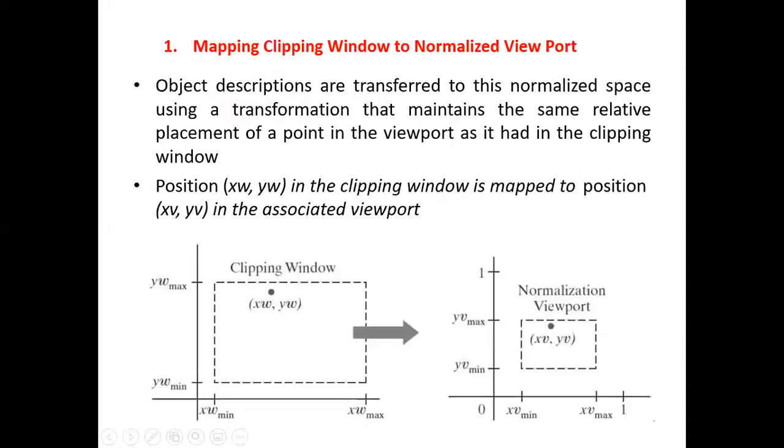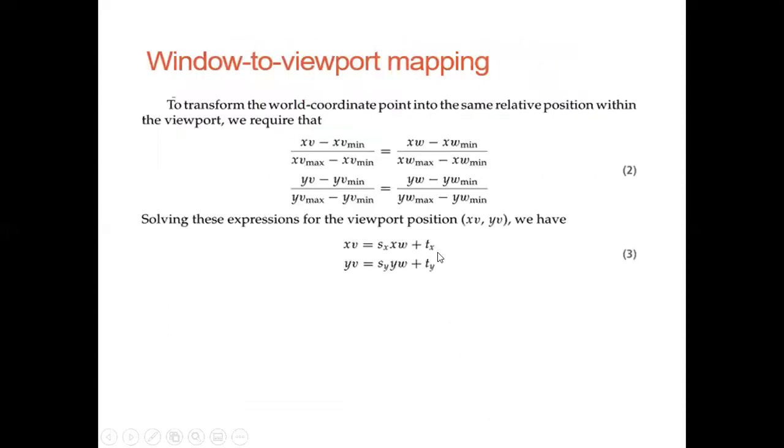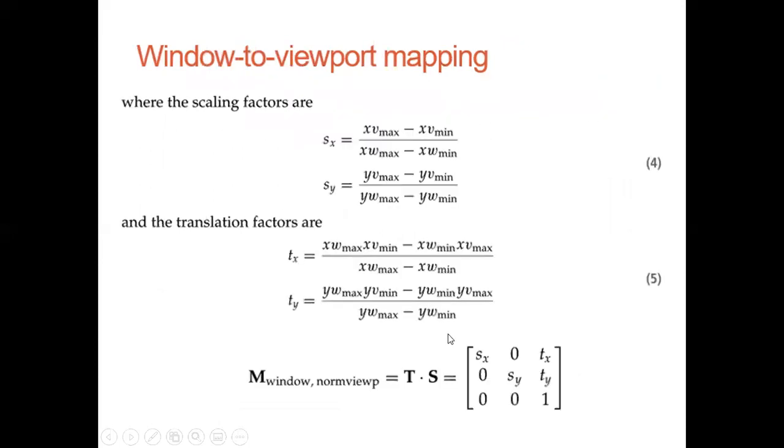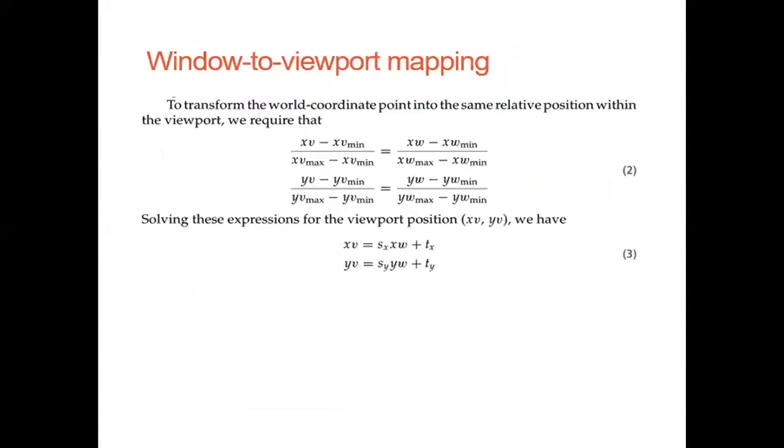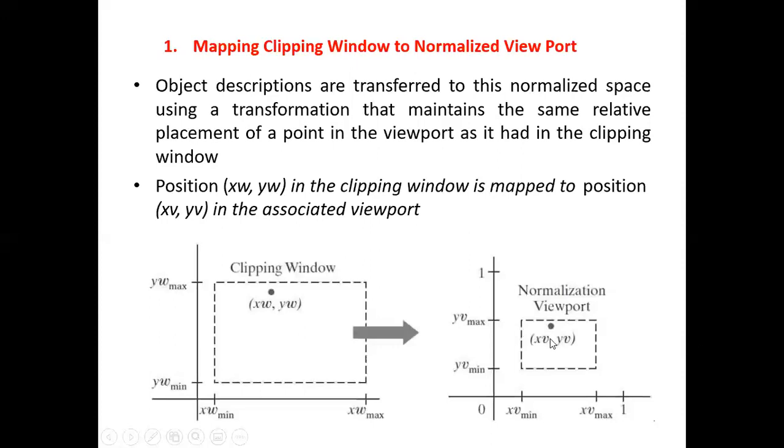In order to do this window coordinate to viewport coordinate conversion, we have to do some transformations. What we do here is transform the world coordinate point into the same relative position within the viewport. We consider this particular point, and we take the difference between xv and xv min.